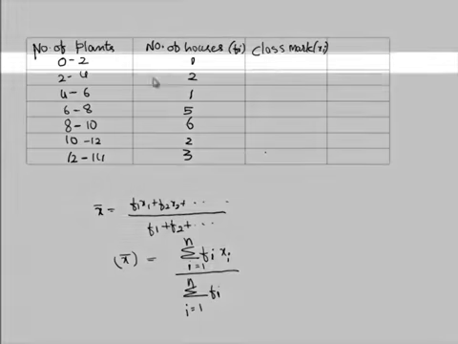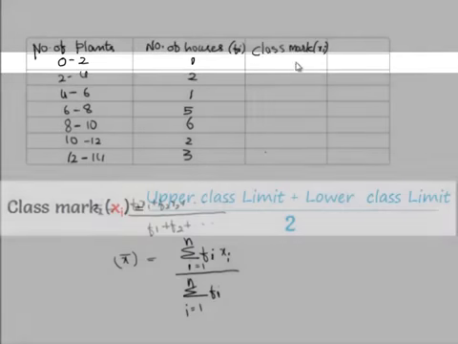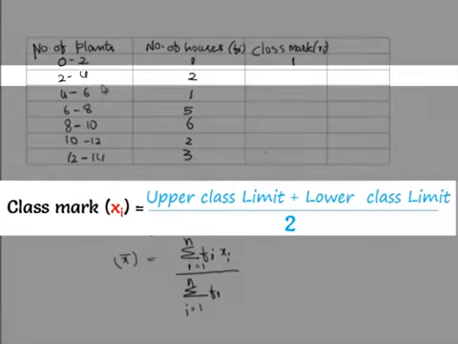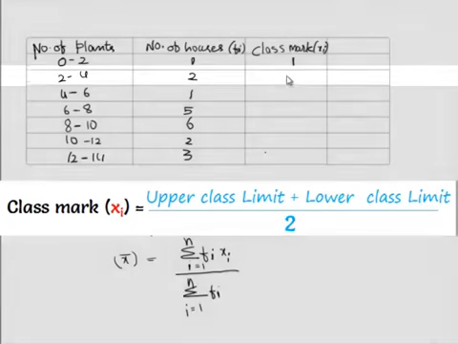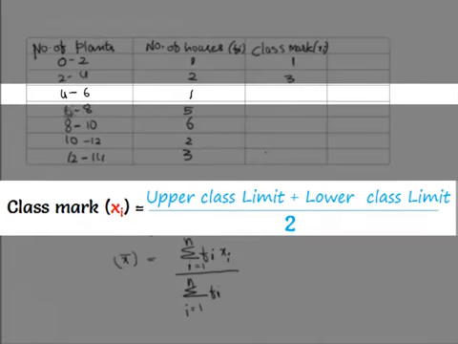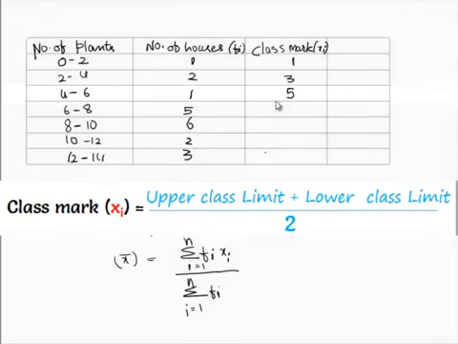That is, for 0 plus 2 by 2 is 1. 2 plus 4 by 2, that is 6 by 2 is 3. 4 plus 6 by 2, that is 10 by 2 is 5. And similarly, we write for all, that is 7, 9, 10 plus 12 by 2, it is 11. And here 12 plus 14 by 2, it is 13.